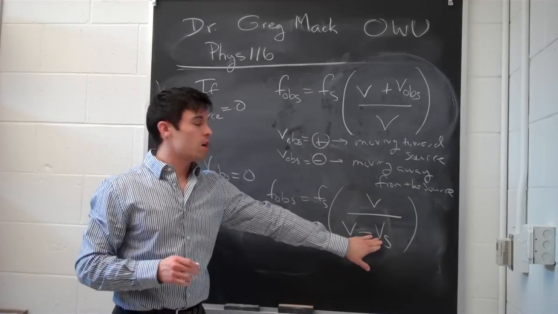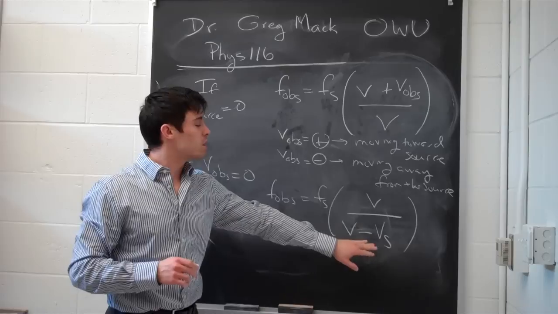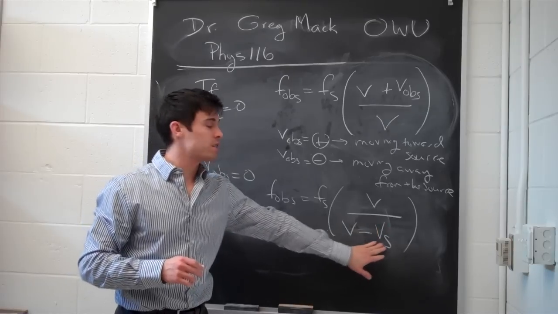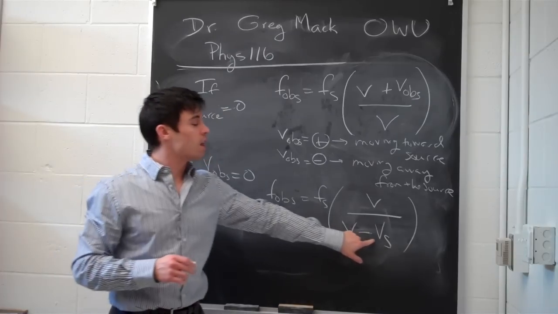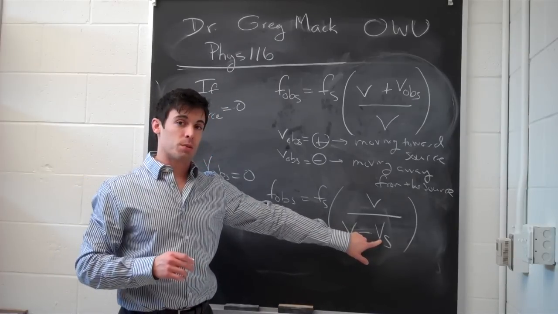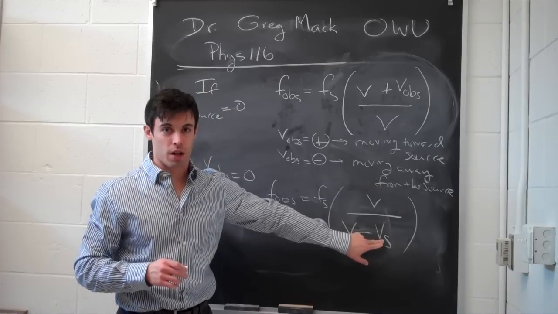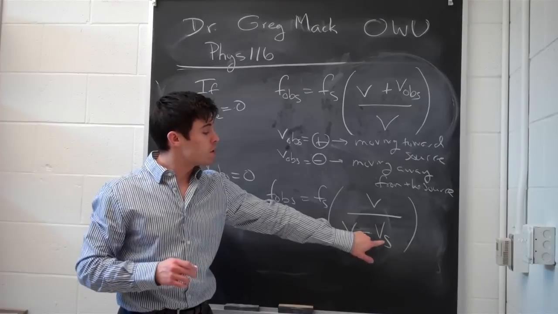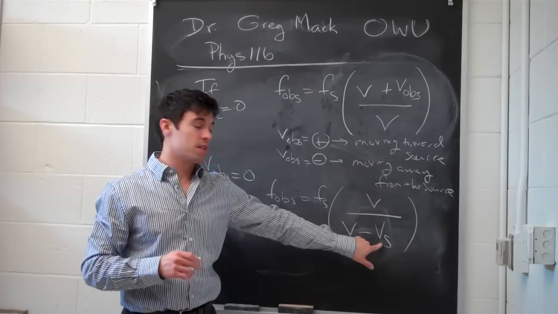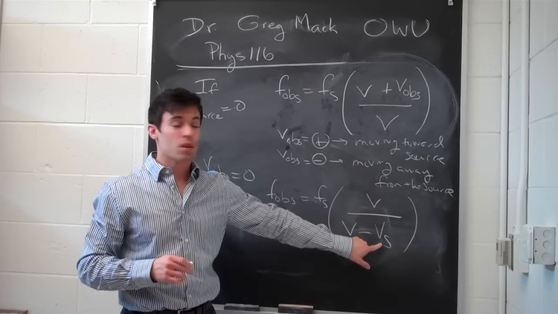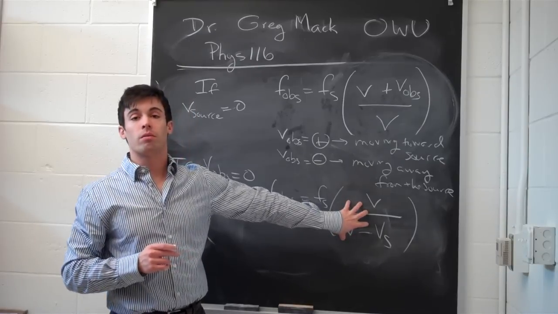If the speed of the source is a positive number in here, then that means that this is going to be less than the speed of sound in air. So this is the speed of the source right here. I think I may have just misspoken before. If the speed of the source, okay, is positive, then v minus that positive number is less than v. So we have v over something less than v, which means that we have a number bigger than 1.